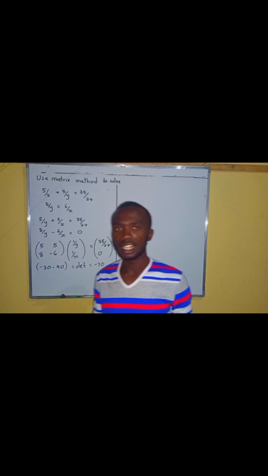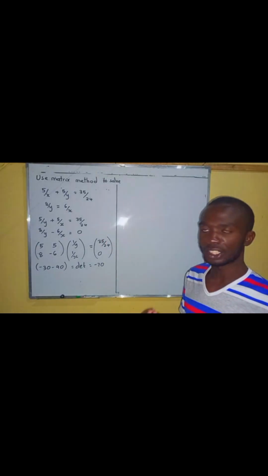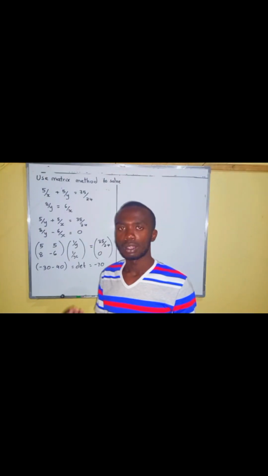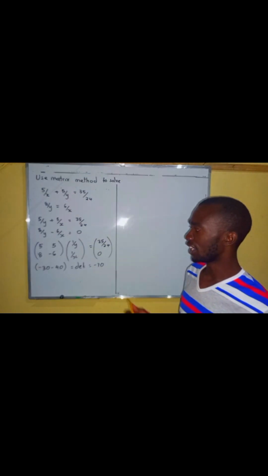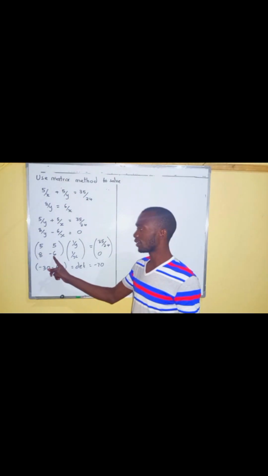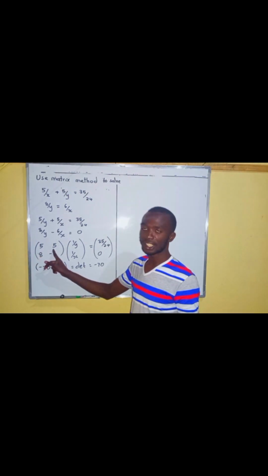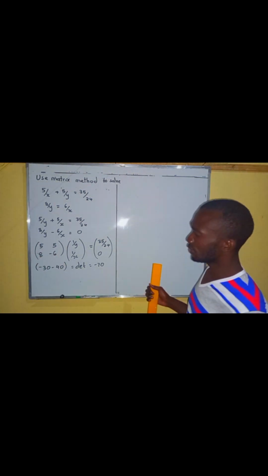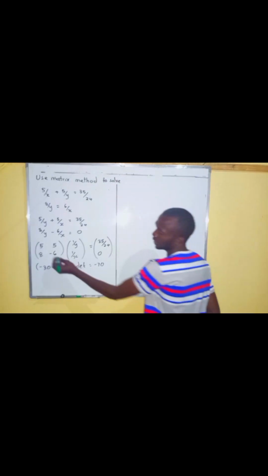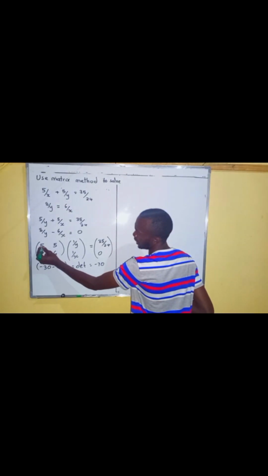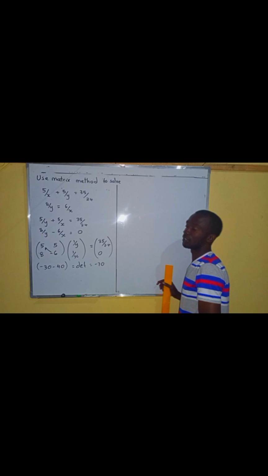Now, after finding the determinant of the given 2 by 2 matrix, we find the inverse of the matrix. So for the inverse, we interchange the main diagonal, that is negative 6 and 5. Then we negate the secondary diagonal, so negative 5 and negative 8.